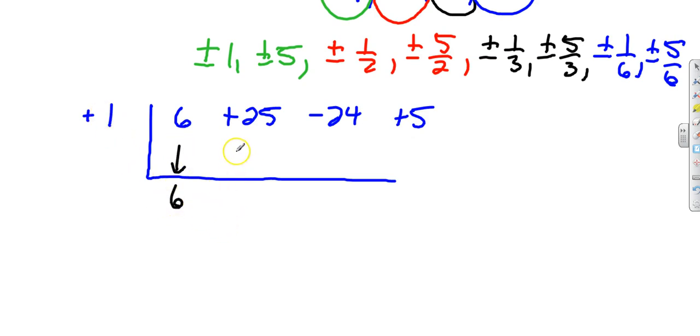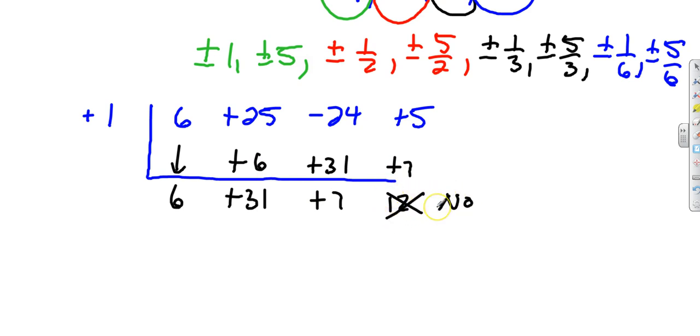So 1 times 6 is 6. That's a 31. 1 times 31 is 31. That's a 7. 1 times 7 is 7. That is 12. That is not going to work. Okay, so that one didn't work.